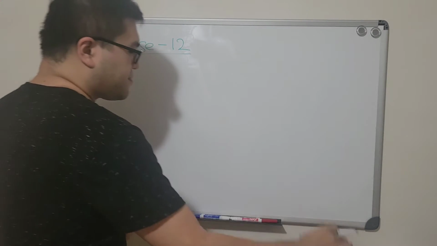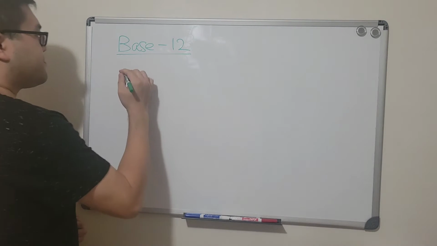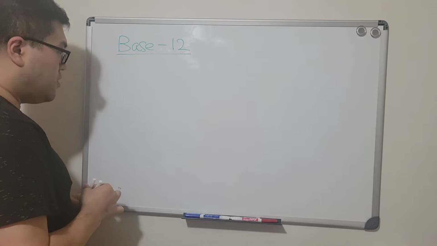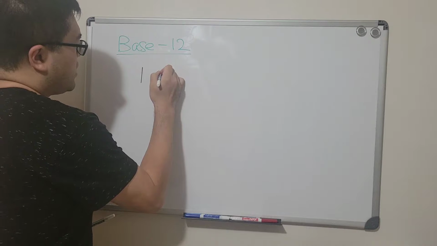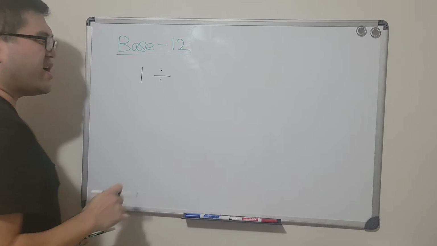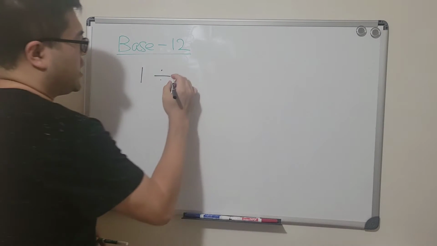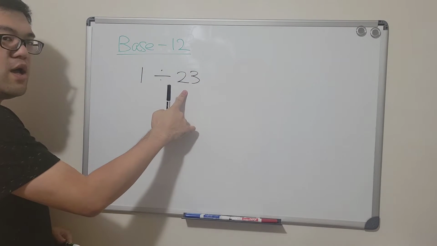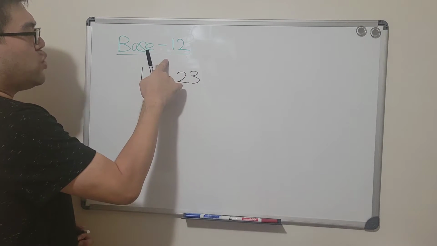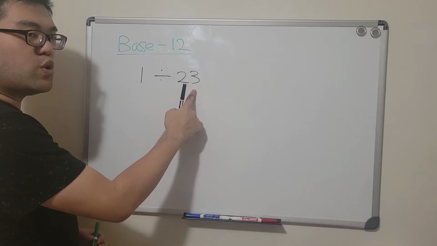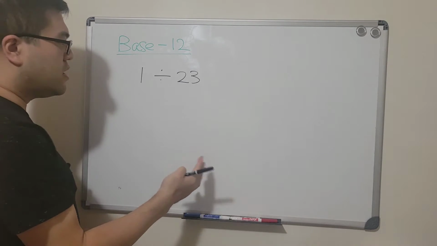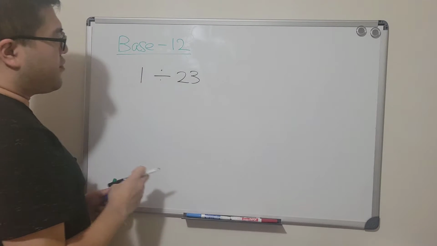So here is our example. Let's say we want to find out 1 divided by 23. Now keep in mind, 23 in base 12 is not the same as 23 in base 10. How are we going to rewrite it in base 10?